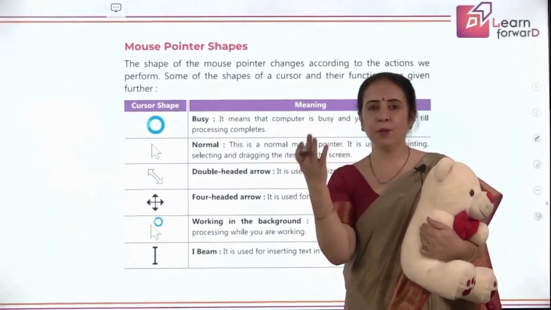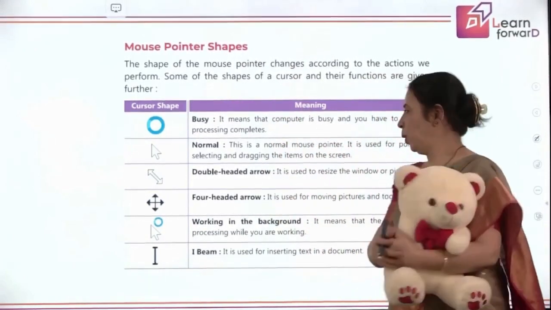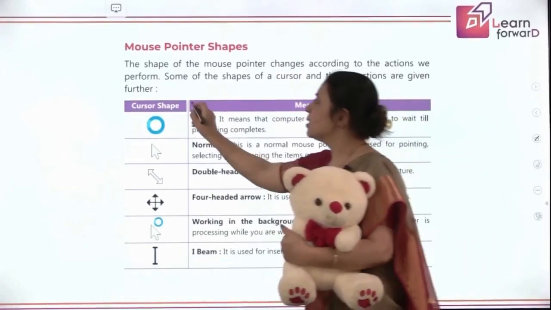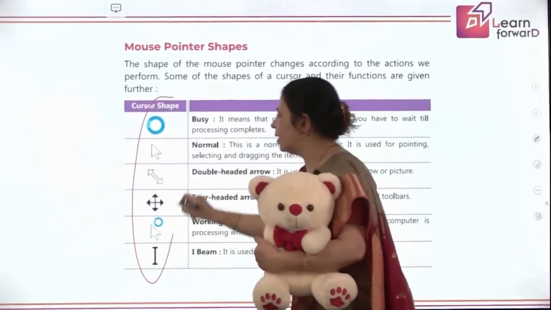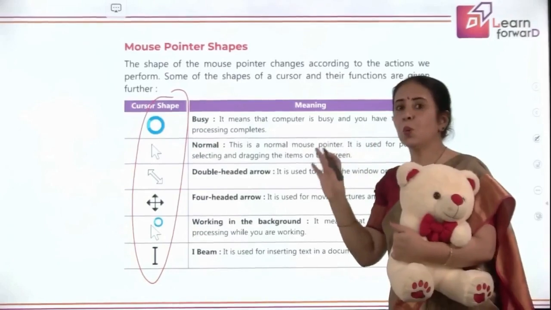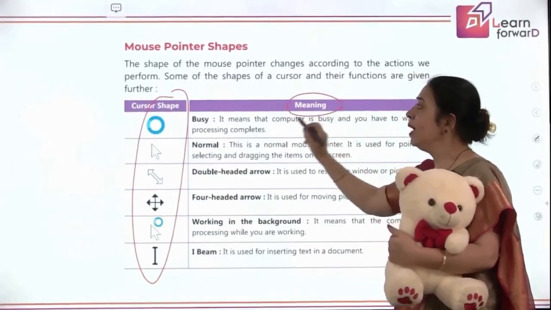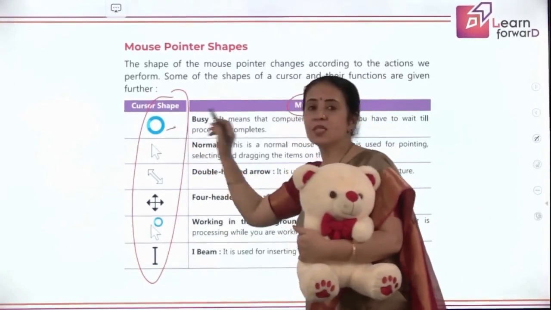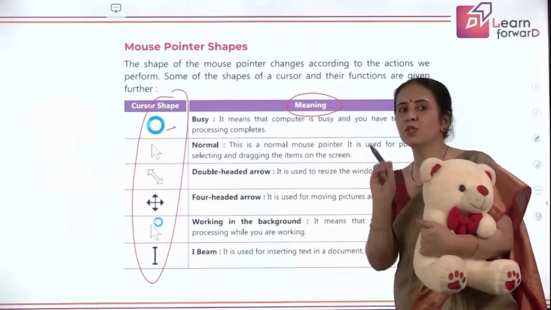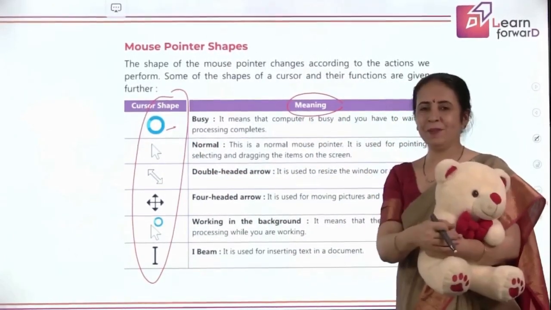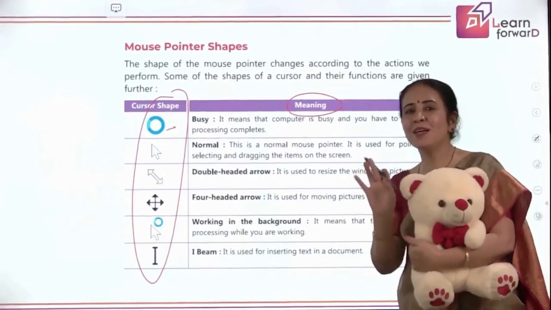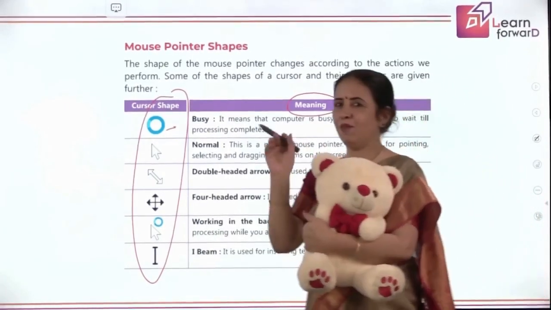Okay, I'm going to tell you in detail over here. So these are the different cursor shapes that you could see on the screen, and here is the specific meaning of why this image is coming on the screen in place of the simple pointer. Okay, so get ready to learn a treasure that's coming in front of you.